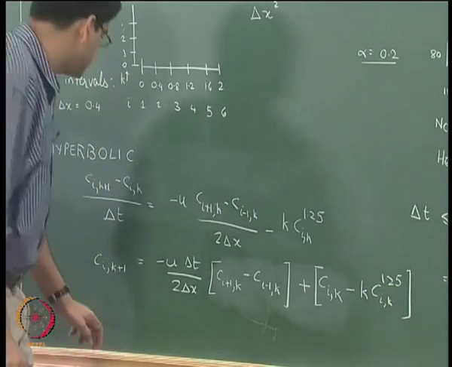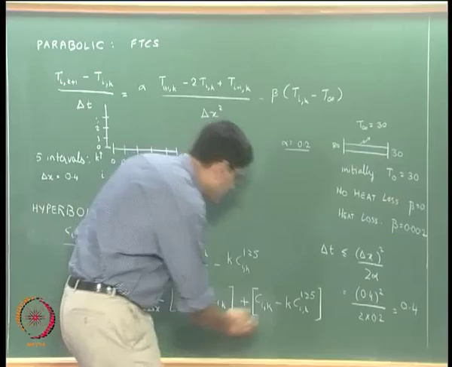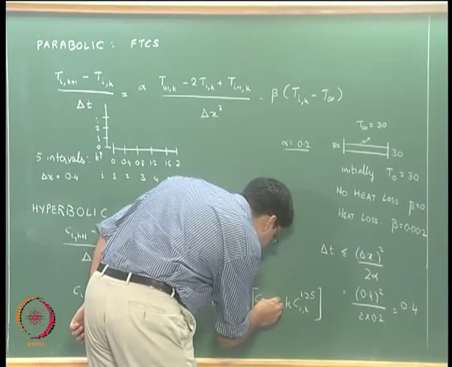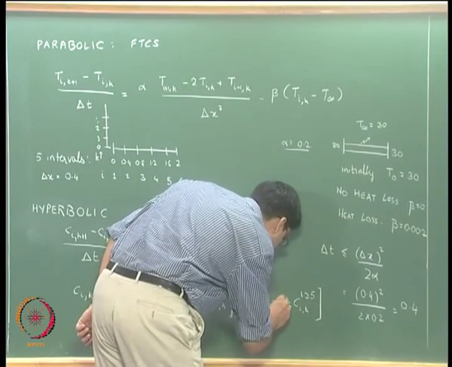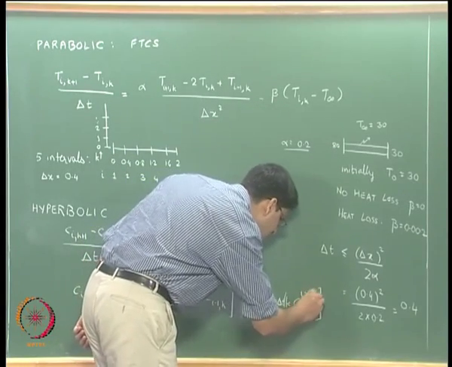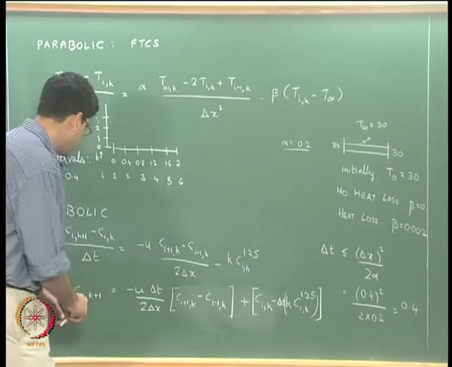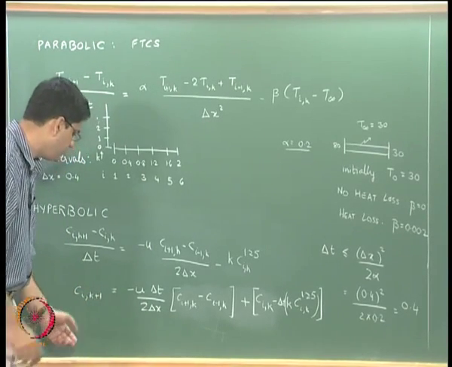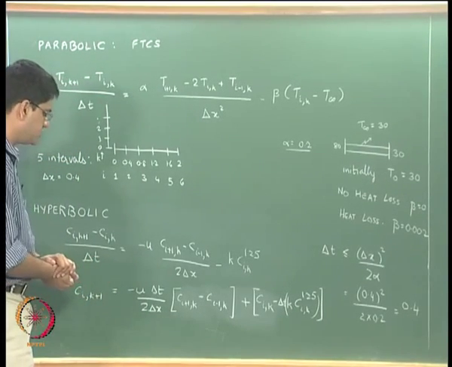Okay. So, this is what we would be getting, and there should be a delta t term over here. So, minus delta t multiplied by this term. This is the overall expression that we will get by doing the substitution.